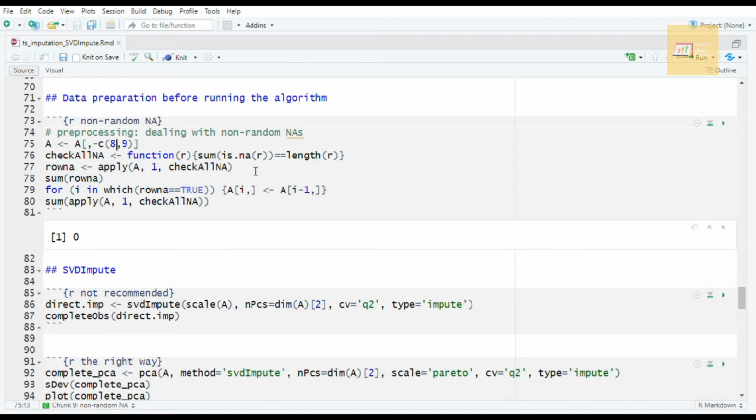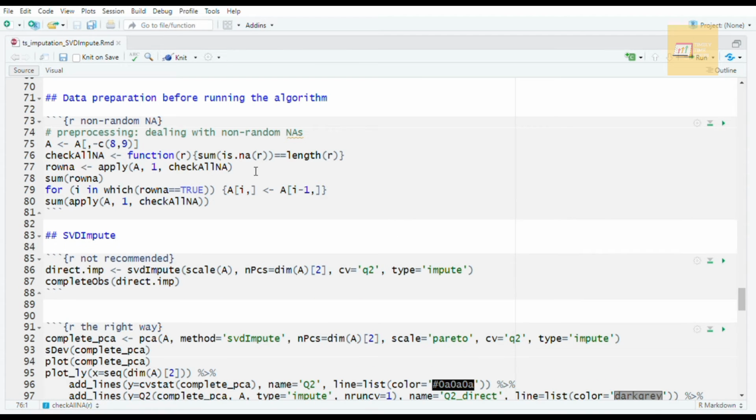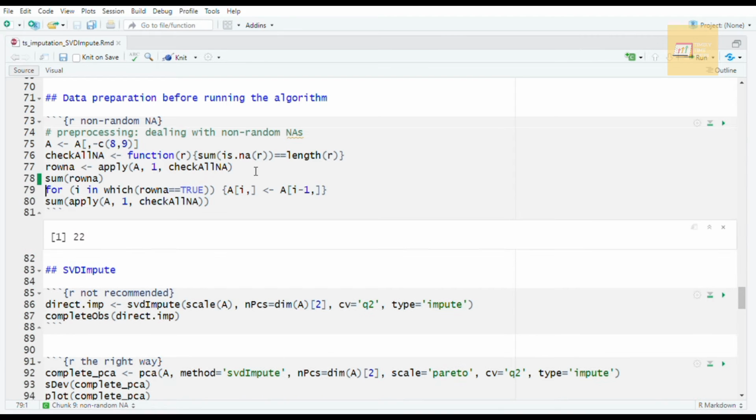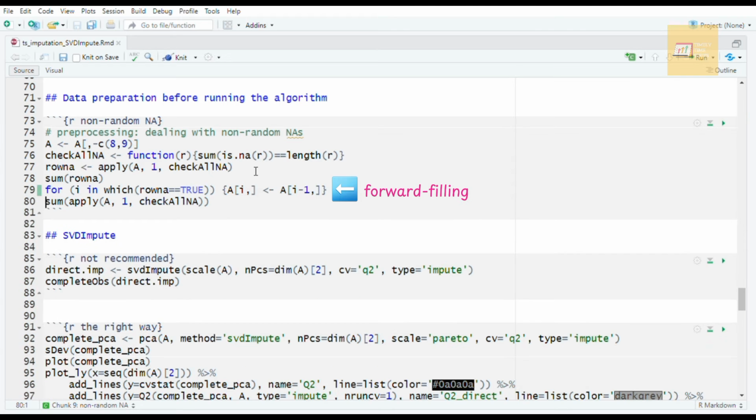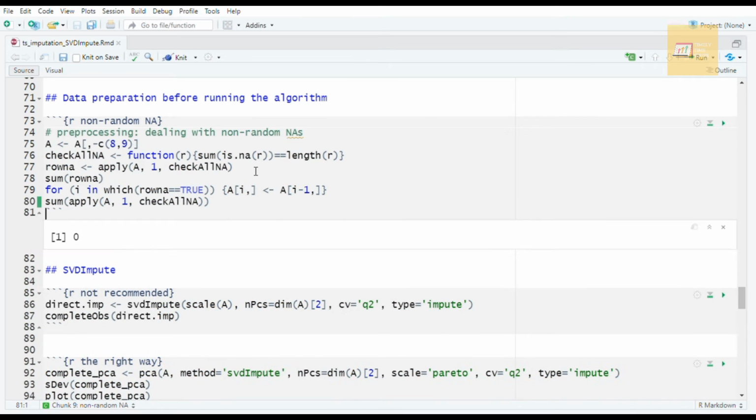Let's run this first and then run the function. Here we can see we have 22 such rows. For these rows, we're going to do forward filling, in this line. Now this requirement is fulfilled because we don't have any more rows with all missing values.